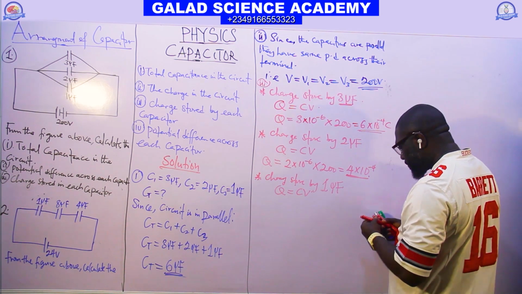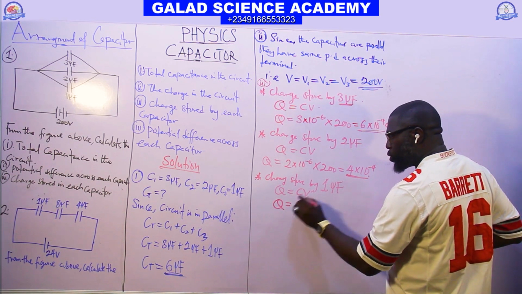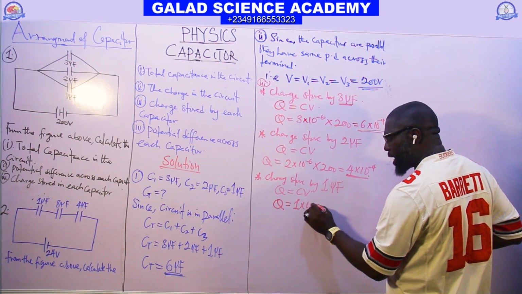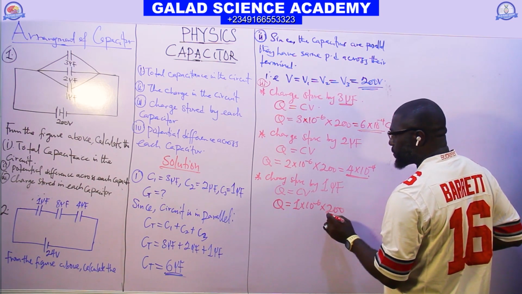We have Q equal to 1 multiplied by 10 raised to power minus 6, multiplied by 200.